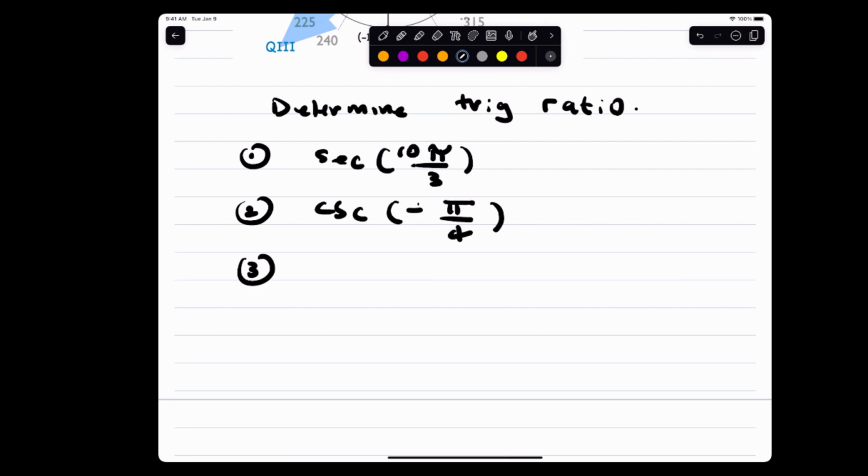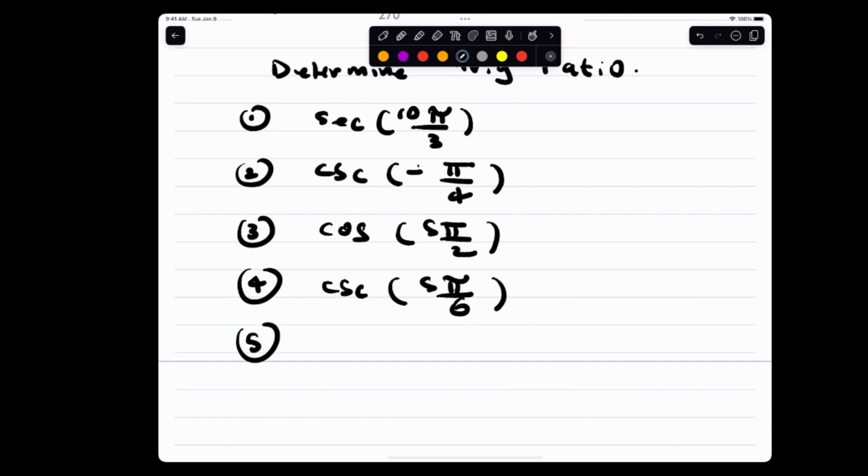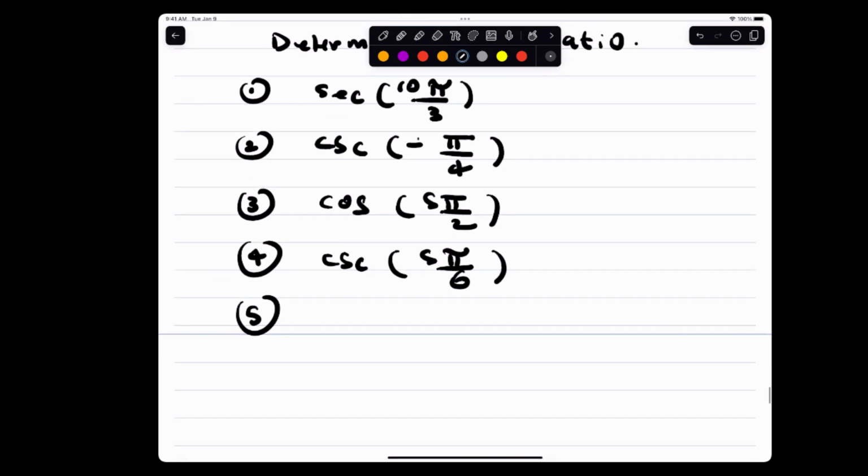Number 3, cosine of 5 pi over 2. Number 4, cosecant of 5 pi over 6. Number 5, cotangent of 3 pi.